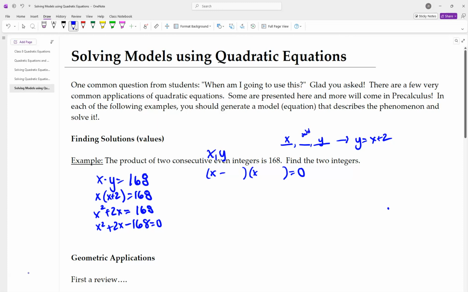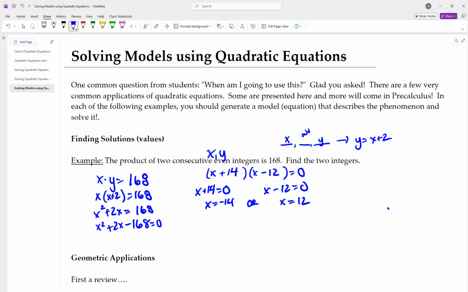I got plus 14 and minus 12. Solving each one independently, x plus 14 is equal to 0, and x minus 12 is equal to 0. So x is equal to negative 14, or x is equal to 12.